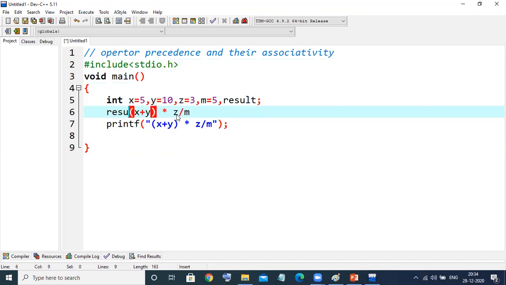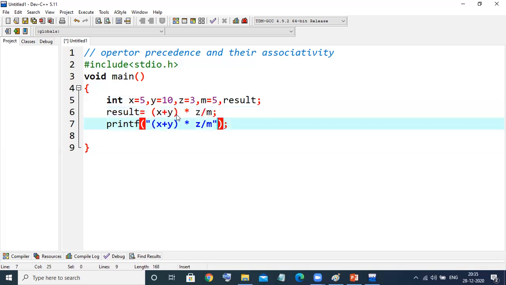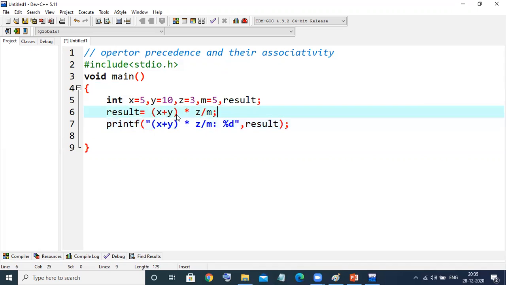So better, result equals (x plus y) into z by m. You can also perform this in parallel, because we have already seen the theory part. And here I want the result, that is percent d, and the answer is stored in the result variable. So this is the first expression.